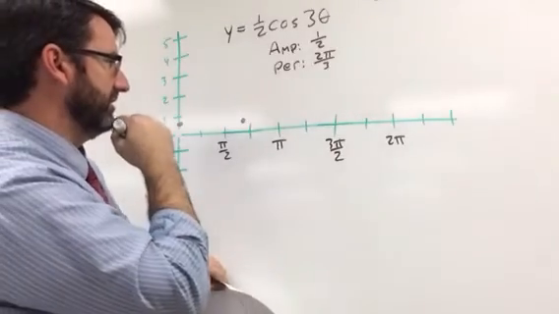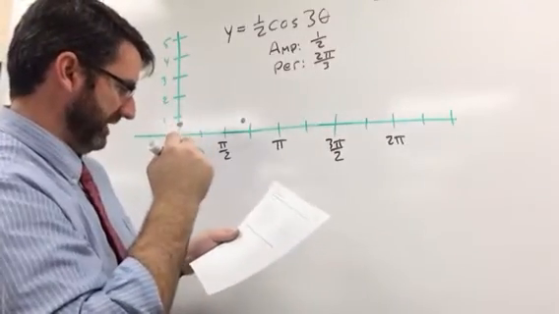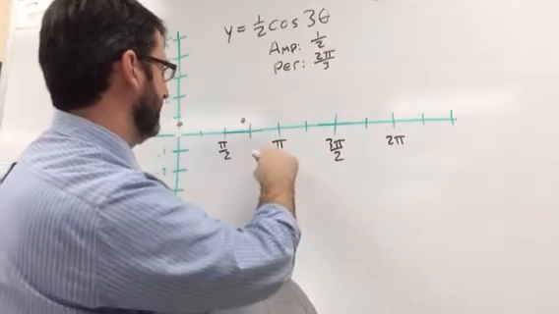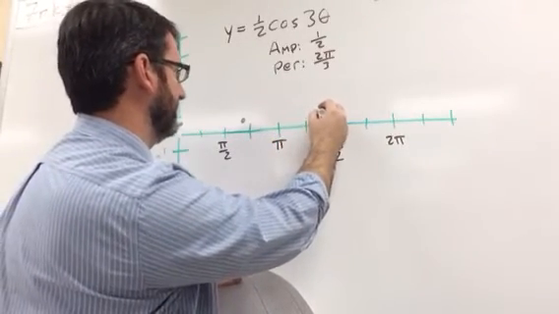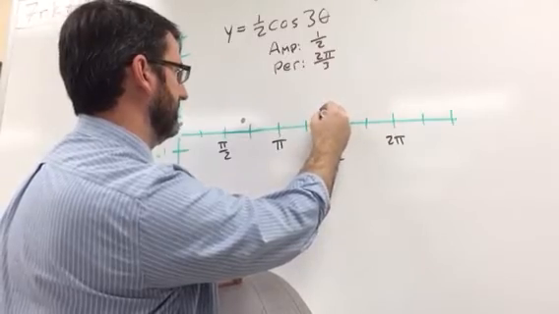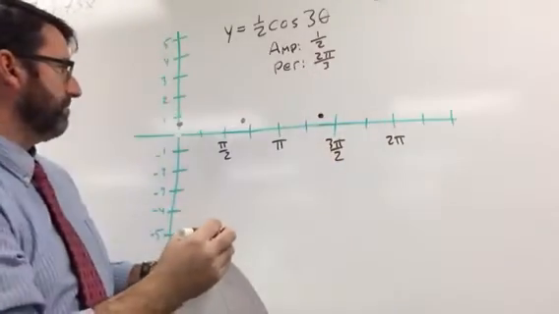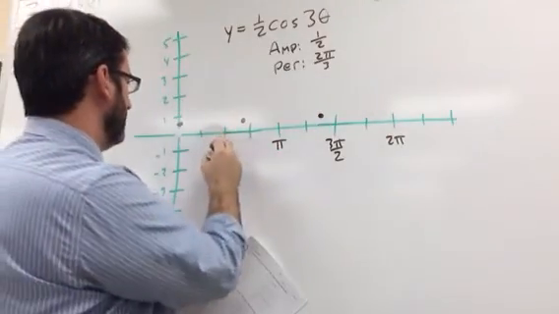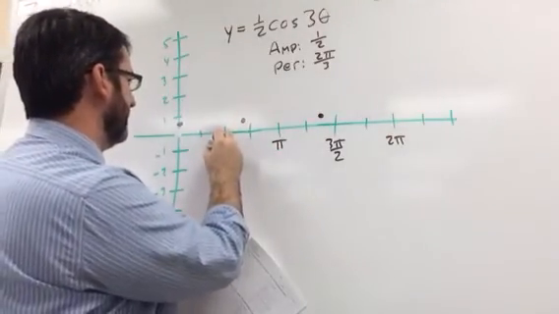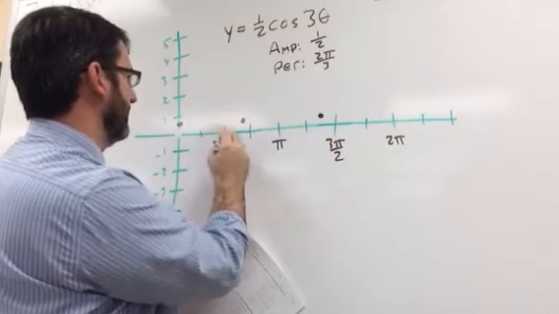So that would be 4 pi over 3, which is going to be somewhere about here. And then halfway between those 2 points, it's going to reach its minimum, which will be -1, or sorry, -1/2.